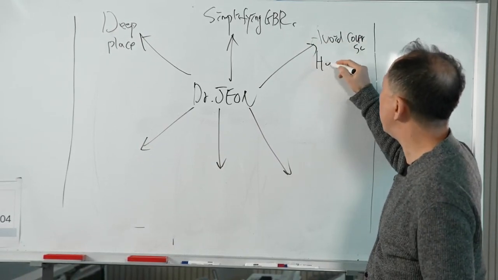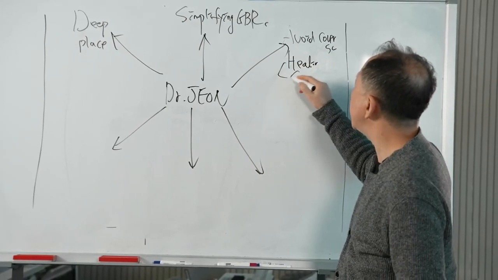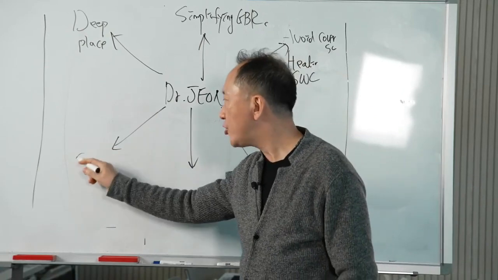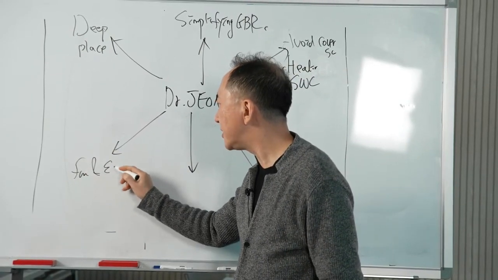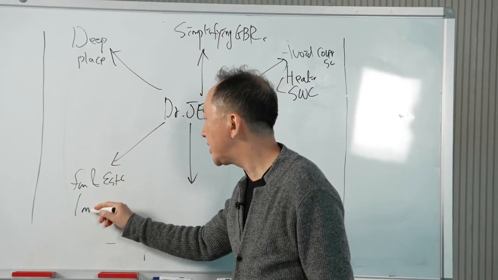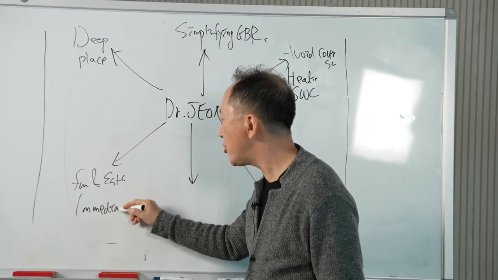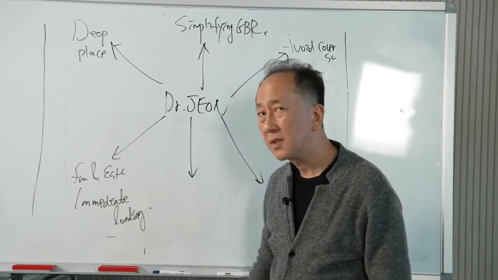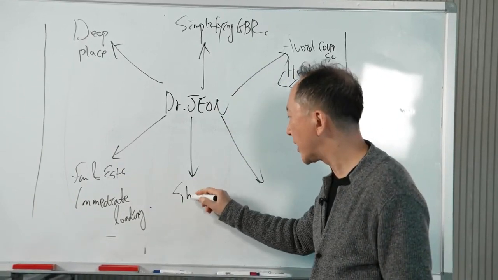Please use healing cap or save wide cap here, please. Number 4, function and aesthetic result. Immediate loading is very, very important. For tissue level internal type, immediate loading is necessary here. Number 5, short implant is okay.